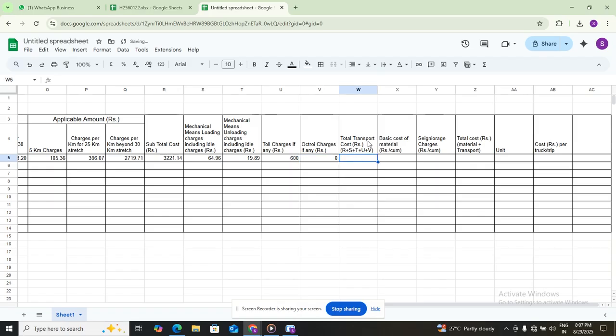What is the total transport cost? Transport is the total carry distance. Loading, unloading, toll charges, everything we need to include.